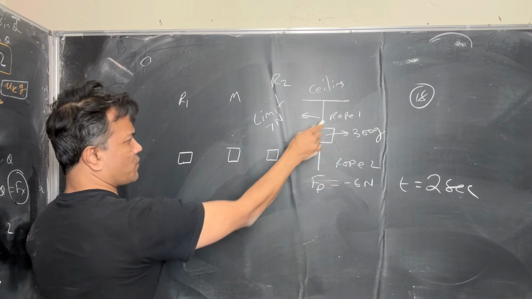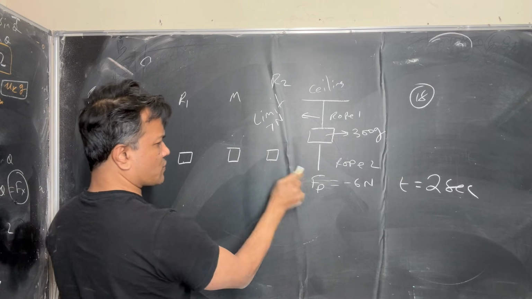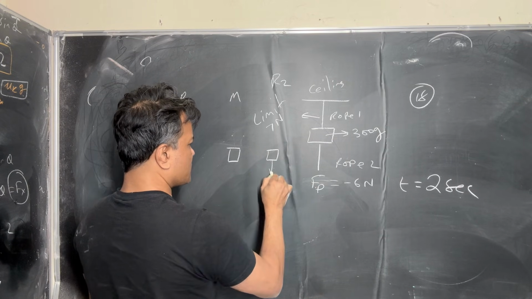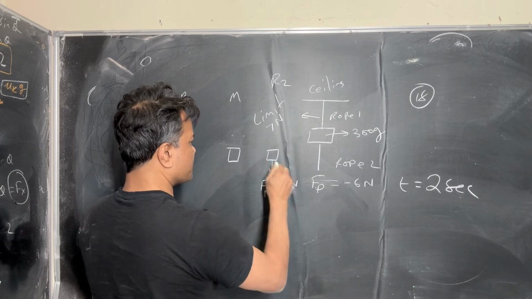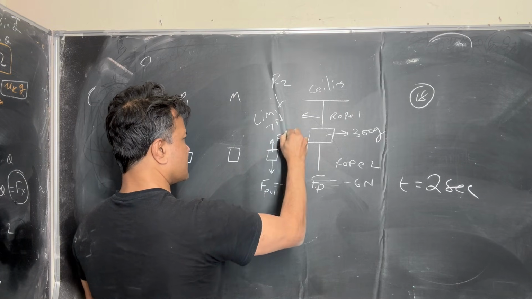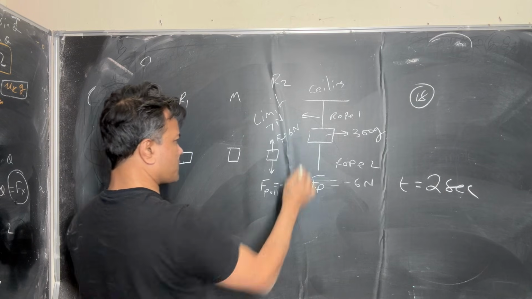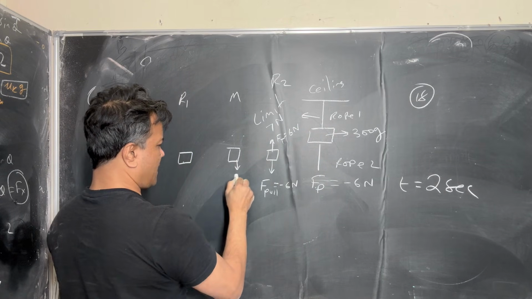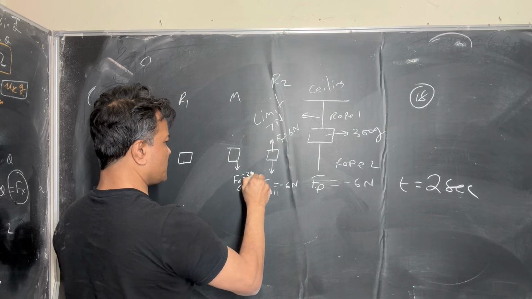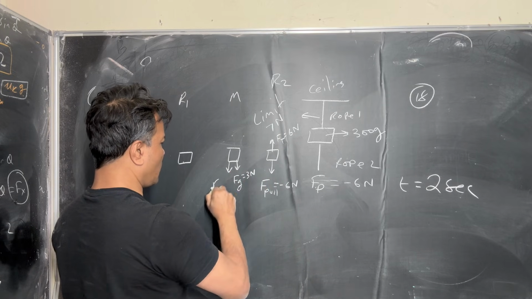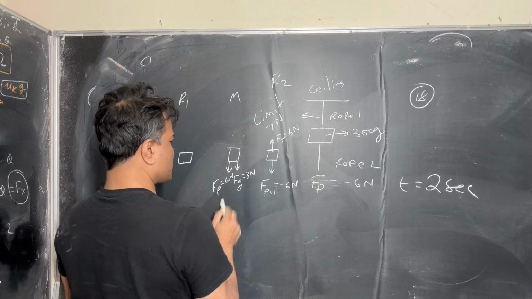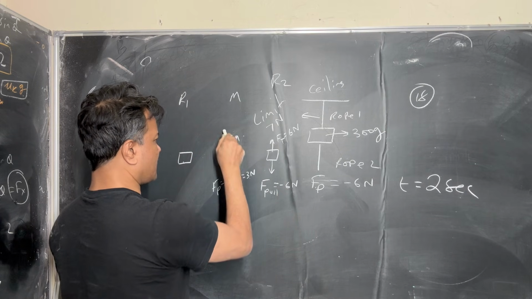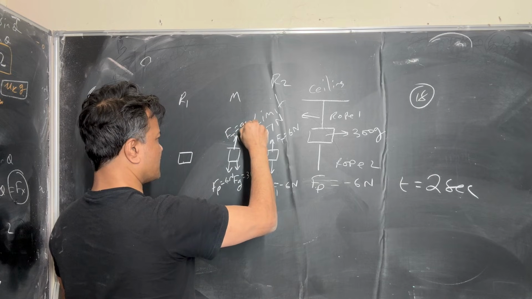So let's first do rope 2. Let's start with rope 2. Rope 2 would be easier. So this is F pull, 6 Newton. Fg is 3 Newton, and F pull is 6 Newton. So 6 plus 3, 9 Newton. Ft is 9 Newton.